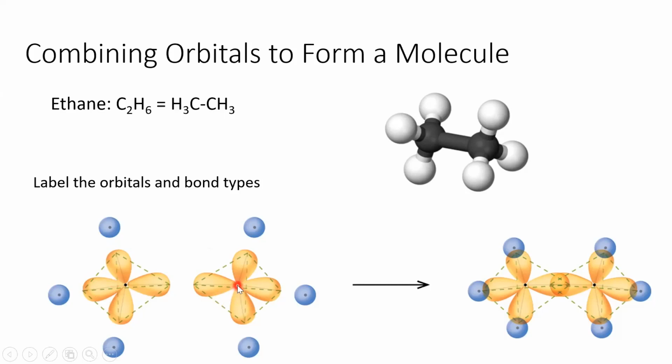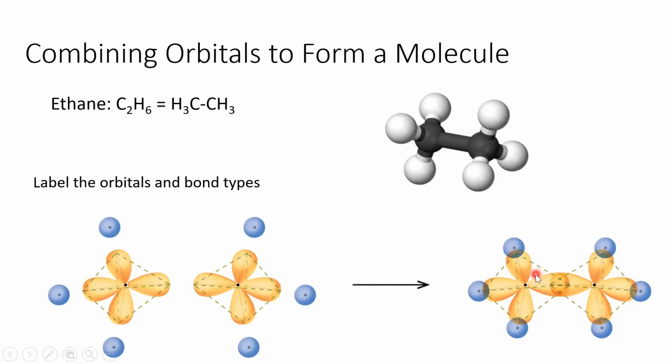The same thing would happen with the second carbon. Okay, it would have 4 sp3 hybridized orbitals. And then the hydrogens would come in and overlap, and we'd form sigma bonds at each of these positions.